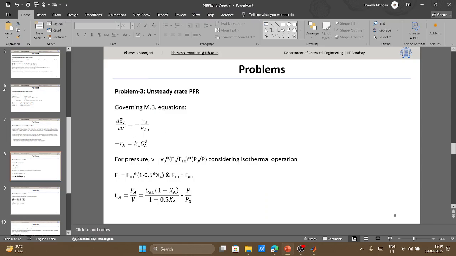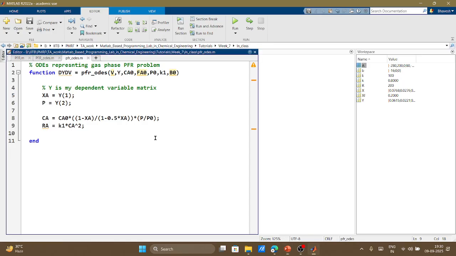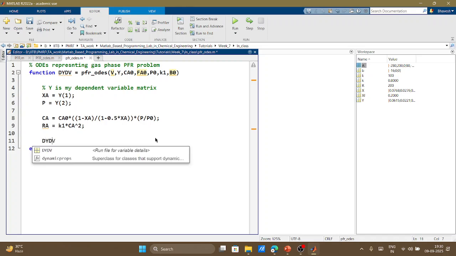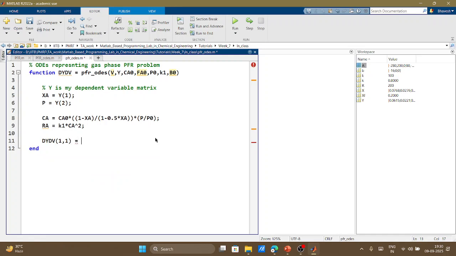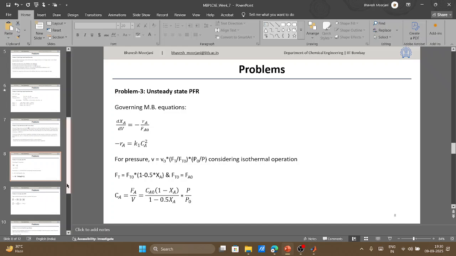Now I can use it to find the first ODE, which is minus RA divided by FA naught. So my dy by dv becomes minus RA divided by FA naught. Okay, so this is my first ODE.